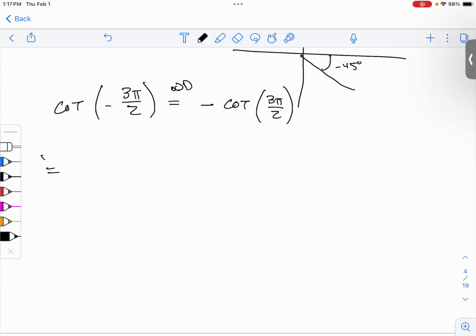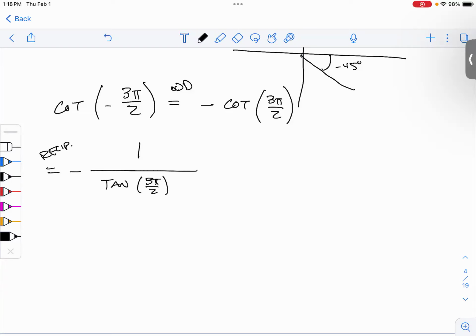And then, cotangent's not one I know at all, so I'm going to do the reciprocal, which is tangent. Now this is where the unit circle starts to really come into play.